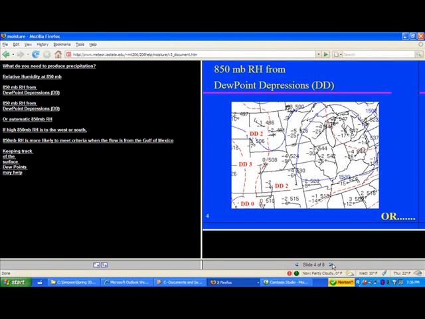One of the things you'll look at when you're looking at 850 millibars is the dewpoint depressions. Notice this particular map is not a surface map, but a map of the 850 millibar surface, again about a mile up in the atmosphere. If we look over at Davenport, we see an actual temperature of -3 degrees Celsius and a dewpoint temperature of -30 degrees Celsius.